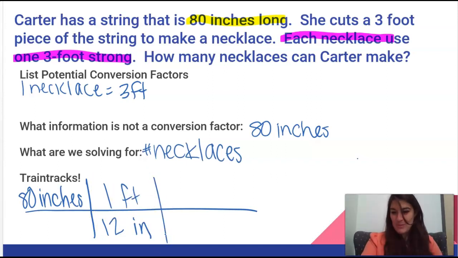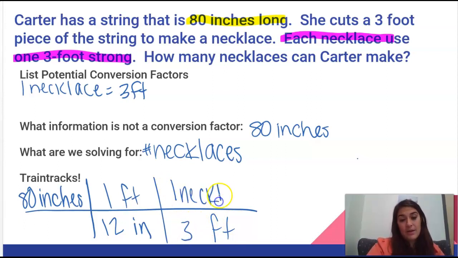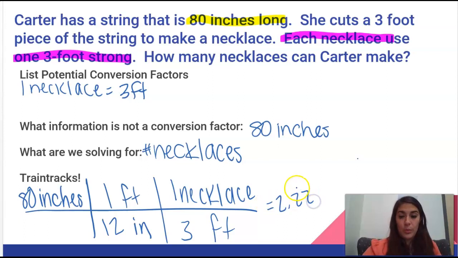Now I'm ready to keep going with the information from the question. Put feet on the bottom, right? Diagonal, diagonal, diagonal. From the question, I know that 3 feet are used to make 1 necklace. So we're going to plug this into our calculator. We'll take 80 divided by 12 divided by 3. And that gives me 2.22 repeating.